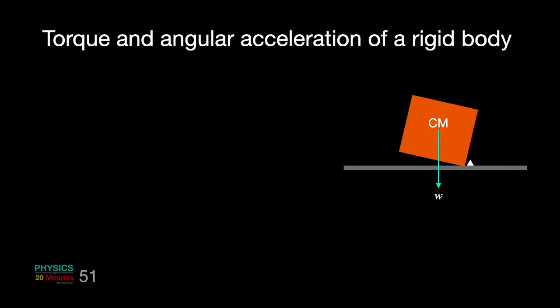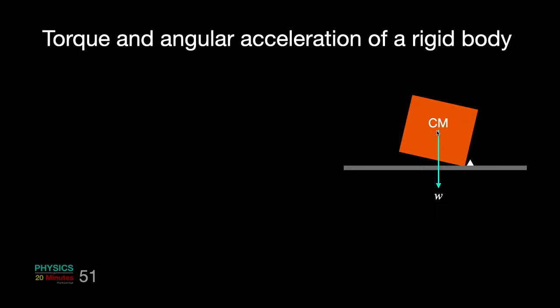Another torque which is often encountered is the torque due to the weight of the body. Every body possesses a weight because of its mass in gravity, and it is a force, and it applies a torque. Here this cube's motion is blocked by this small notch. As a result, it will go into rotation.